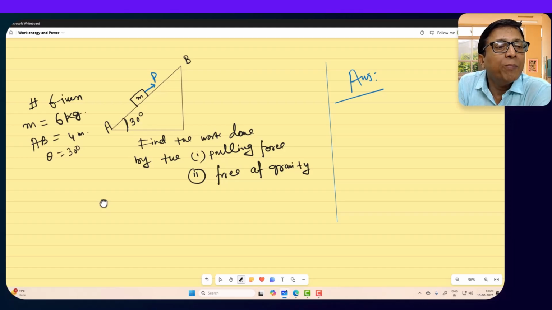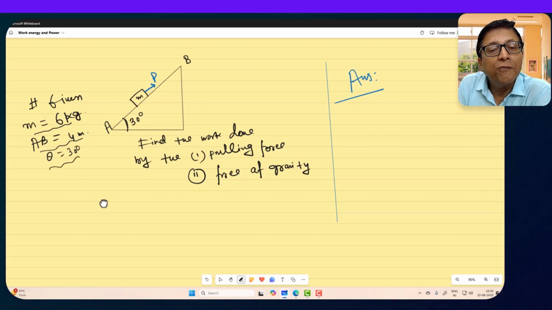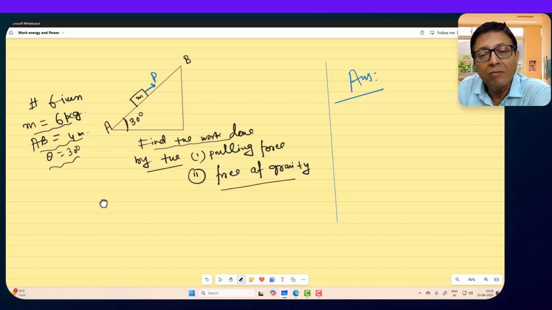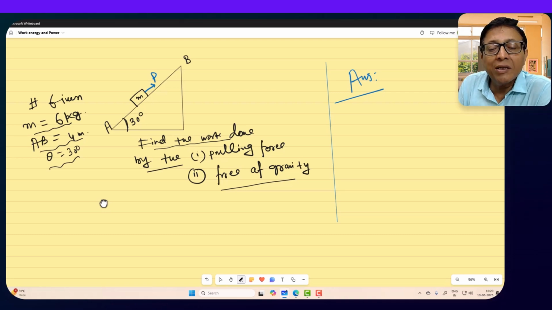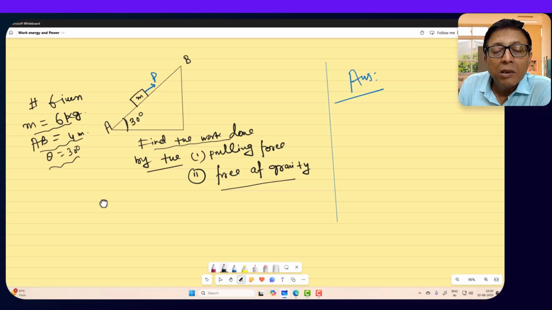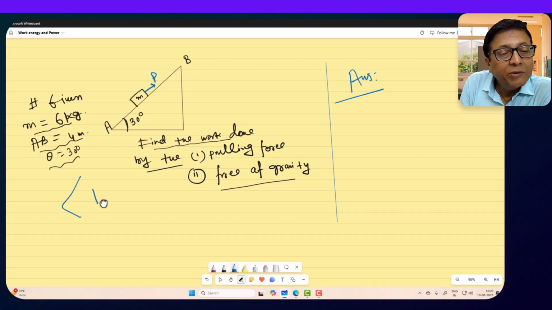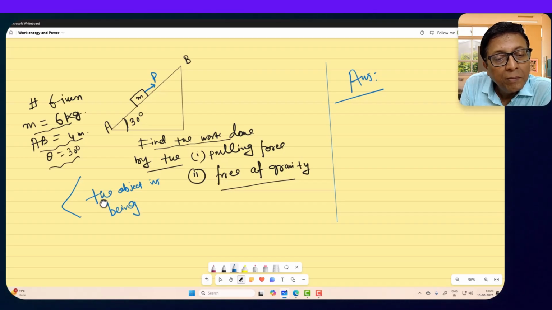So in this example, mass is given 6 kg, AB equal to 4 meter, theta 30 degree. Find the work done by the pulling force and by gravity. One very important thing you should remember, one statement will remain hidden: the object is being moved slowly.